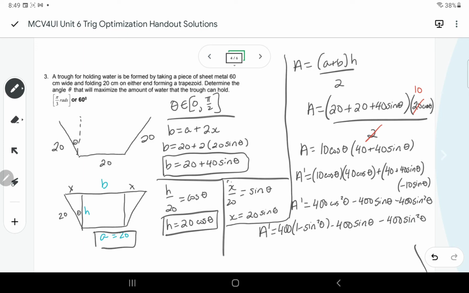So I'm going to keep going here. I've got some really big numbers with all of these 400s, but I think that they're just going to cancel each other all out. I feel like I should just divide this whole thing by 400. So here I have 400 minus 400 sine squared theta minus 400 sine theta minus 400 sine squared theta.